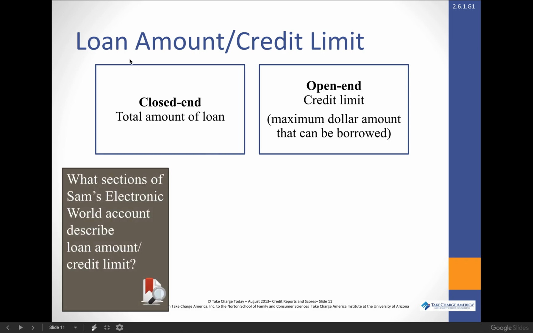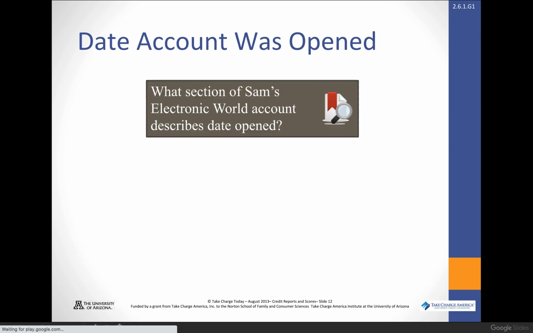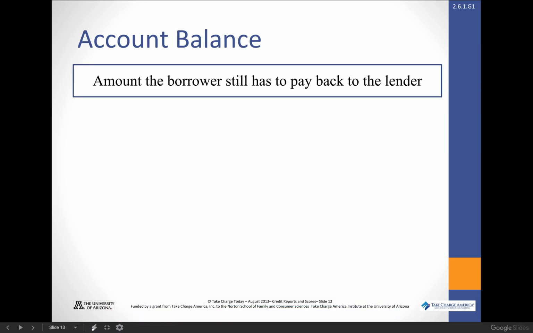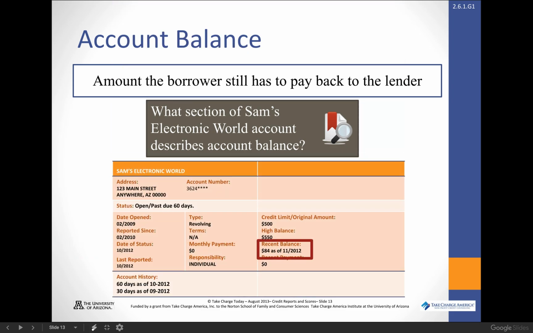Again, if we're thinking about the loan amount or the credit limit, that's going to change whether it is closed end or open end. Closed end is going to be a loan amount. Open end is going to be a credit limit, because open end are credit cards. We see that right there on this piece of our credit report. It tells us the date that we opened it, and our account balance.